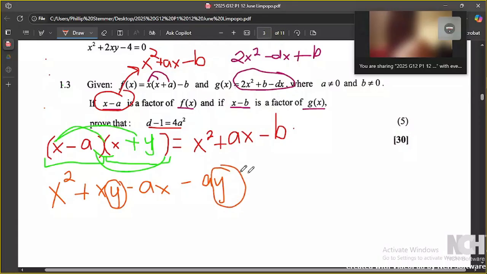And then we don't have the other one. So this side, finally, is x squared plus ax minus b.